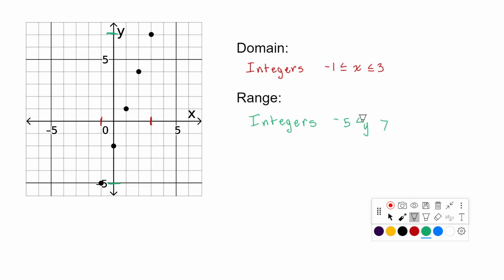So I'm going to write a very similar inequality for my range, but instead of using x, I'm going to use y. So y is greater than or equal to -5, and y is less than or equal to 7. And by stating that it's integers, I know it's going to be the integers from -5 to 7 in this case. And this concludes our review of domain and range.